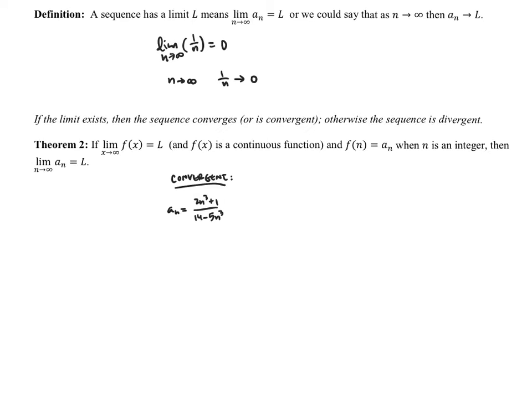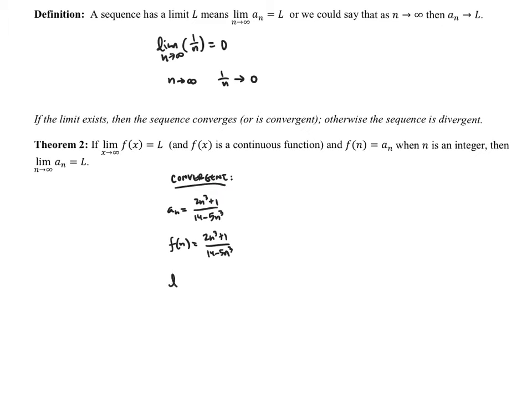So in this case, if I were to consider this to be a function that is continuous, this would be continuous on the values from t greater than 0 up to infinity.